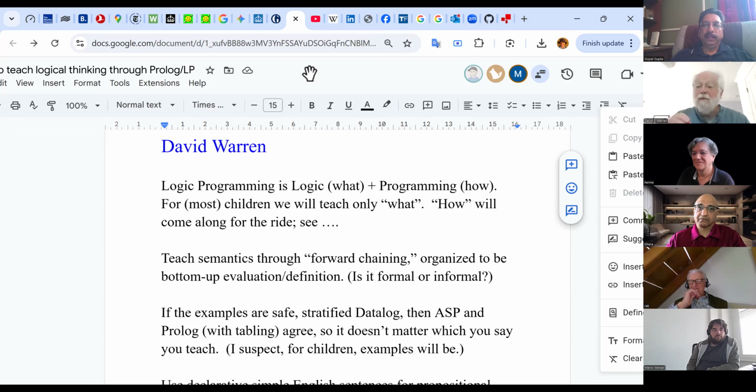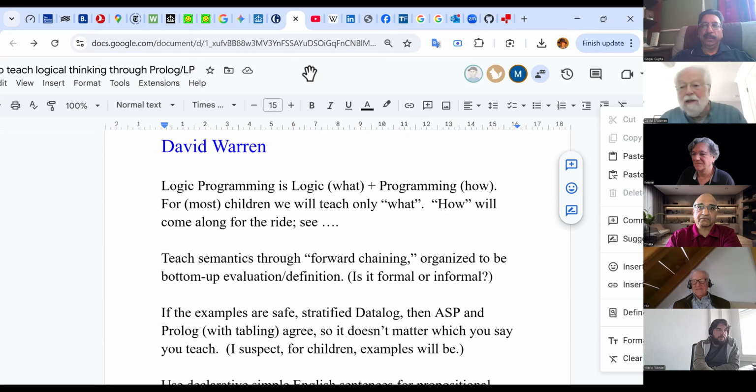What is it we want to teach from logic programming? We started out talking about teaching logical thinking and computational thinking. I want to go back to that, and I think that's the space I'm wanting to think about.